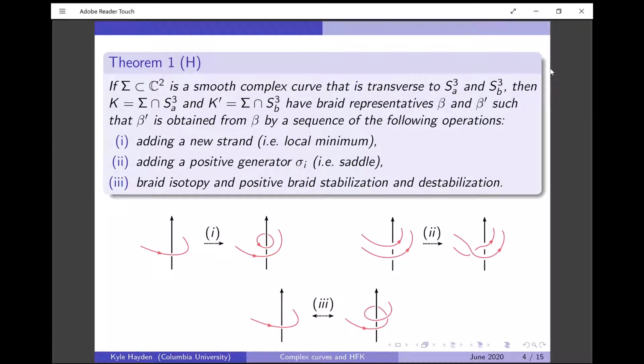Now, the one thing I want to clarify is that I'm not actually saying that the genuine links that you get by intersecting the curve with S3 are already braided and that you see these moves relating them, but rather each level set can be braided in such a way that passing critical points gives rise to the local behavior shown in the figure below. We'll interpret this as a topological description of what's happening to the complex curve as we intersect it with spheres of different radii.